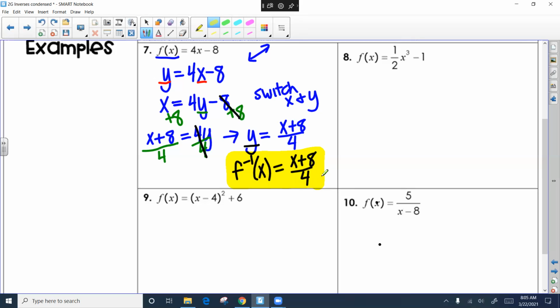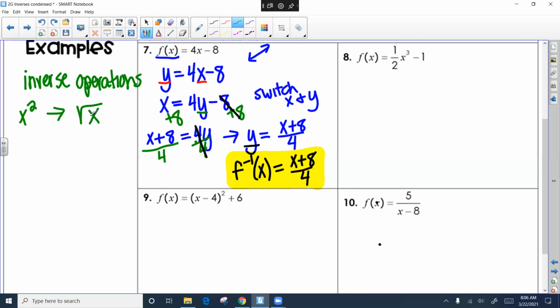Okay, so let's look at number 8. Number 8, we have f of x equals 1/2 x cubed minus 1. So that one has an x cubed. We talked about inverse operations at the beginning, and I'm going to write it off to the side to remind us. When we had x squared, the inverse of that is square root of x.